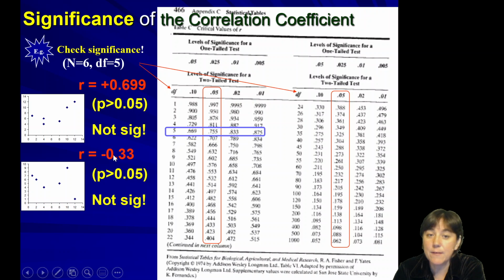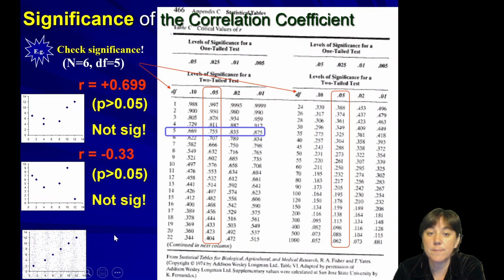If it would be negative 0.756, it would be significant regardless of the plus or minus sign. But it's lower than this value in absolute value, and thus it's not significant. How about our last example? Yes, this is a significant correlation value at both the 0.05 level and also the 0.01 level here.